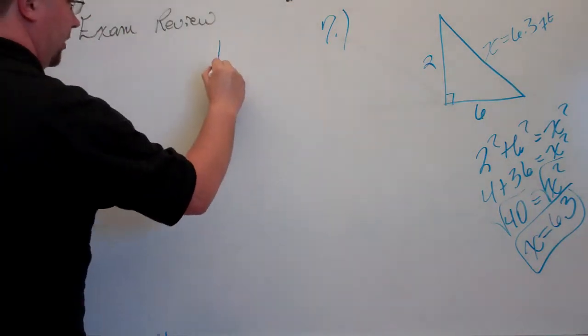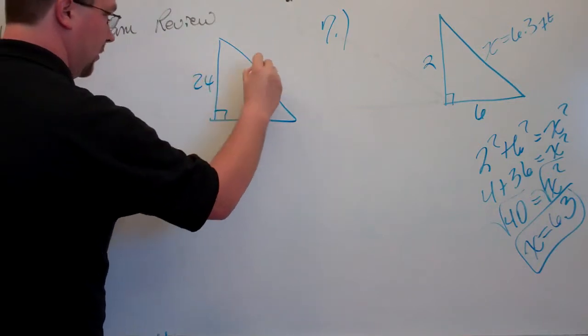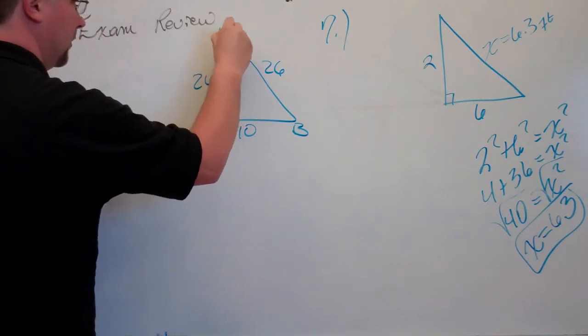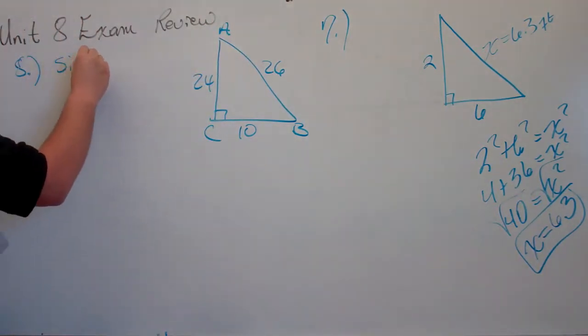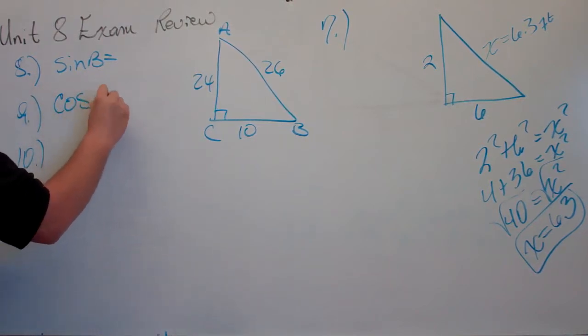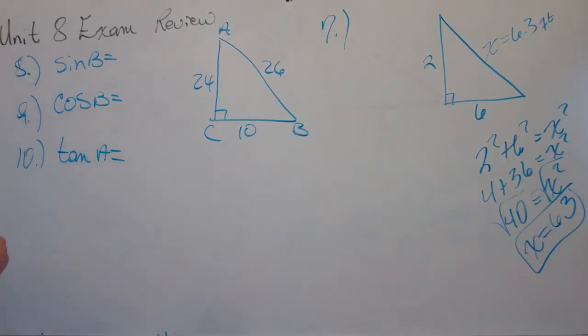So this is the triangle we're going to use for 8, 9, and 10. Alright, so the sine of B, the cosine of B, and the tangent of A. Now remember, if you remember SOHCAHTOA, sine is opposite over hypotenuse.